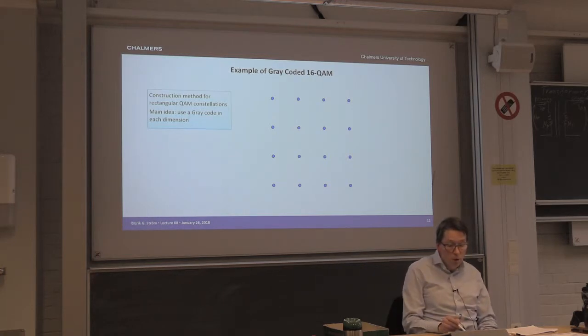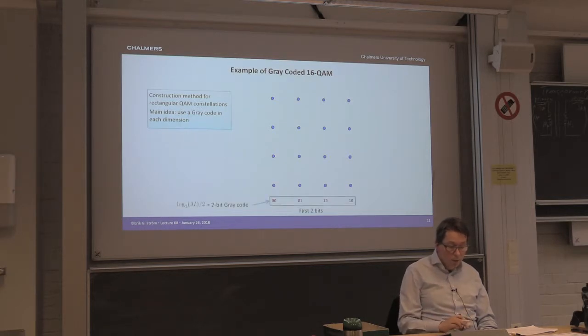What we would like is that if I look at the bit pattern of this point, the immediate neighbors, that is, if I go to the right, go up, go to the left, or go down, the bit patterns only change in one position. Because then if I make an error and go to this adjacent symbol, I will make 1 bit error. That is, 1 out of 4 will be wrong, but the other 3 will be correct. Okay, so that's the idea here.